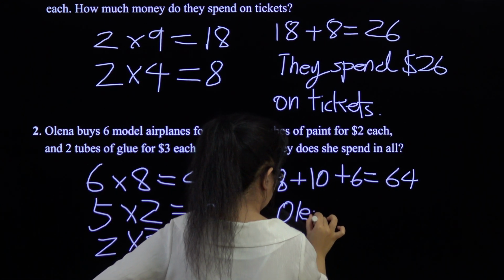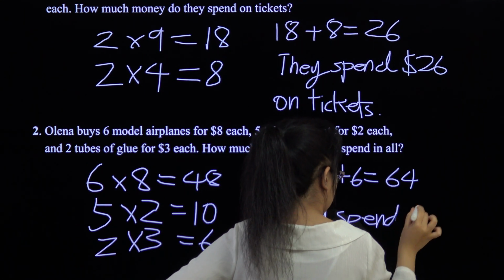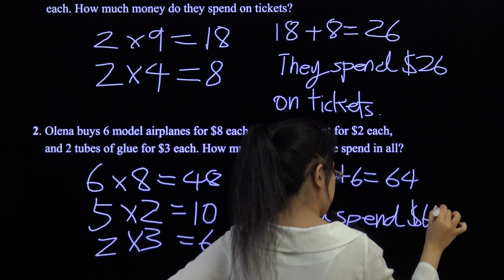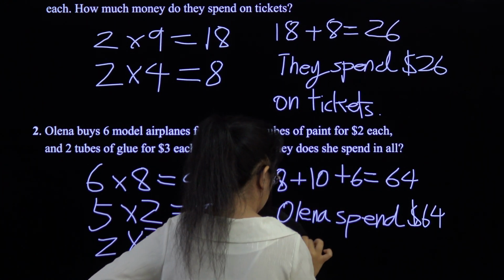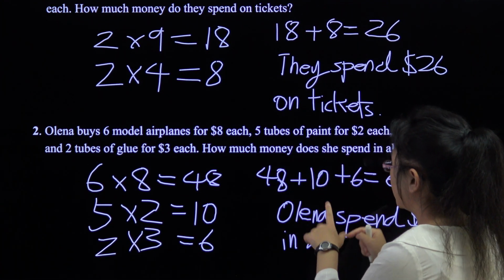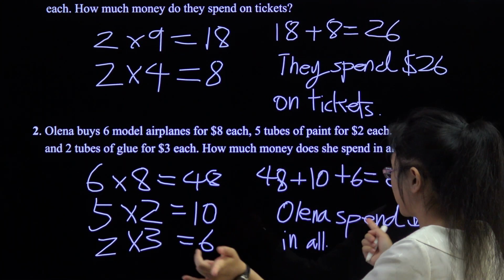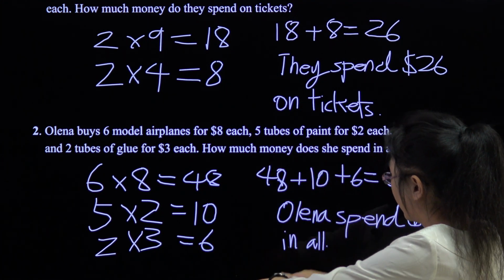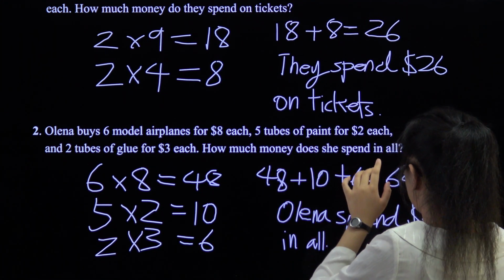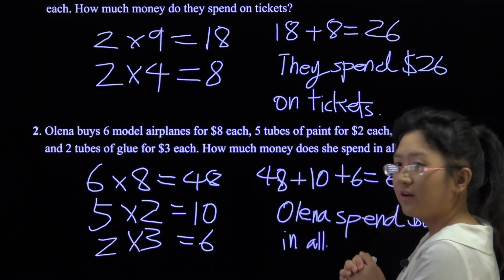Olena spends $64 in all. Check over your calculations, check over your numbers. Our numbers are correct, information is good. Our calculations are fine. We're good, we're fine.